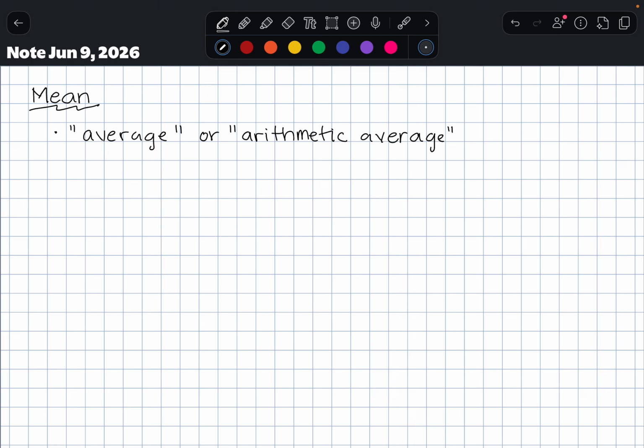And arithmetic in math class usually means we're adding. Not mean. We're going to add up all the data values.